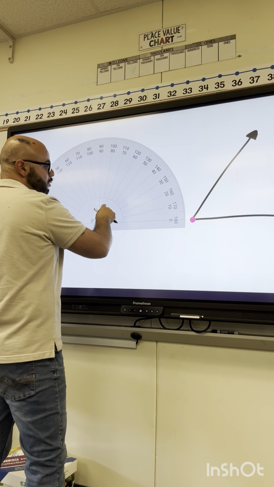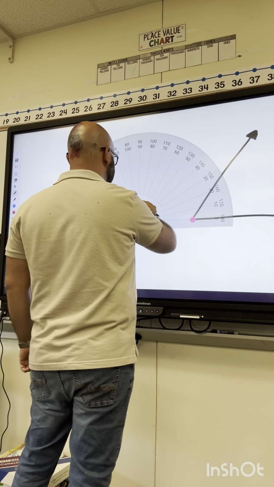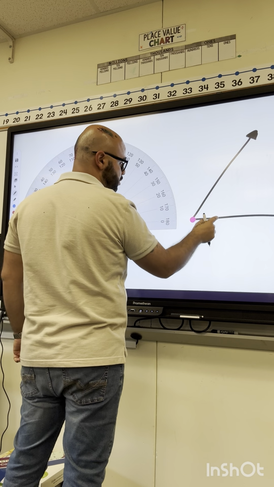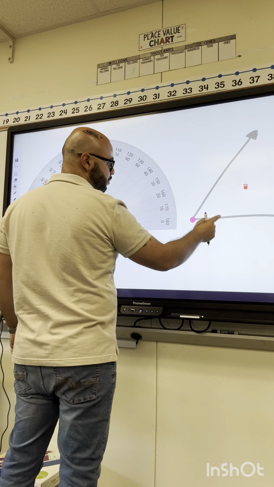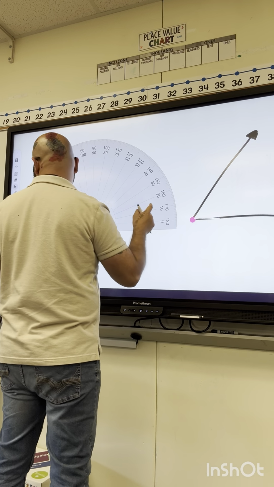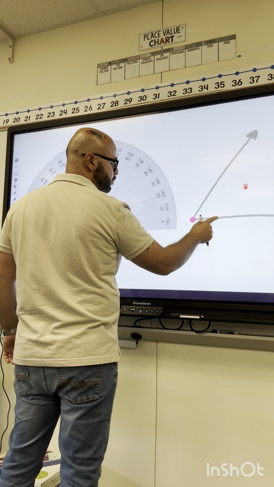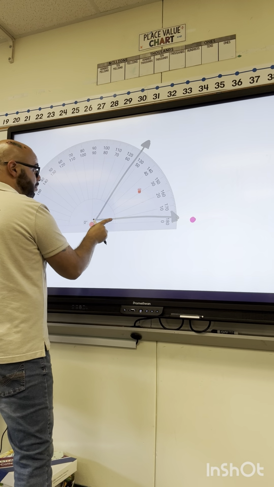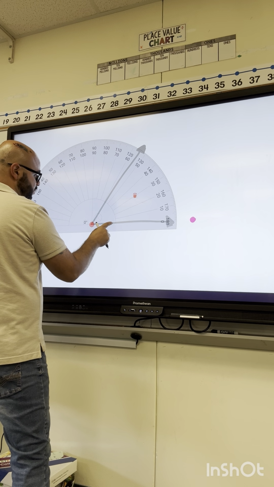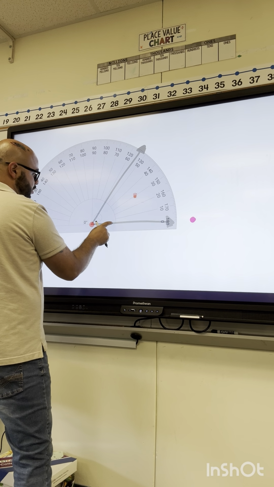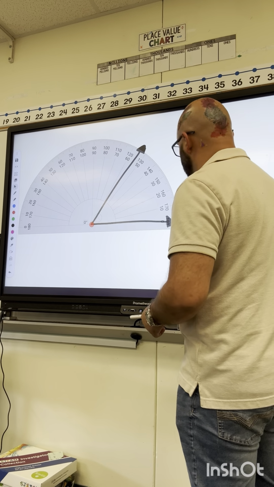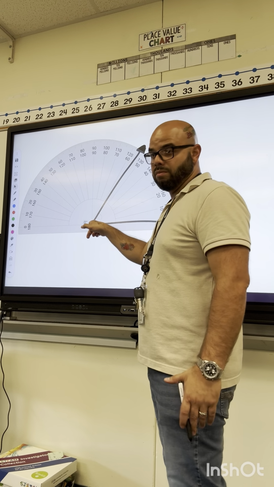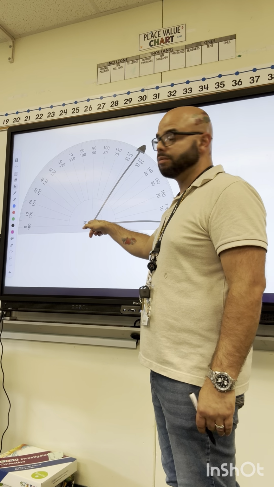So what I'm gonna do is put my angle right there along my baseline, and my vertex, I'm gonna line it up with my vertex on my protractor, okay?